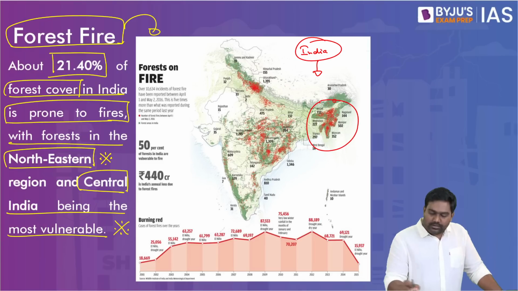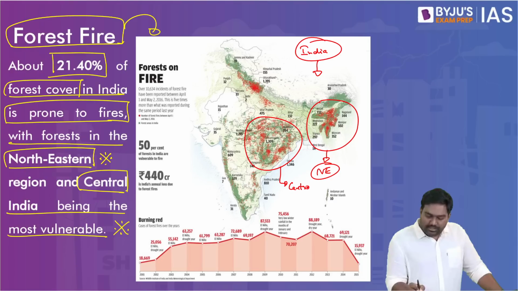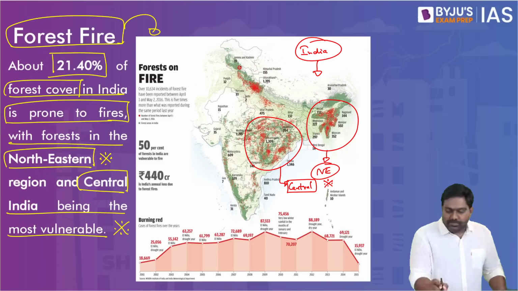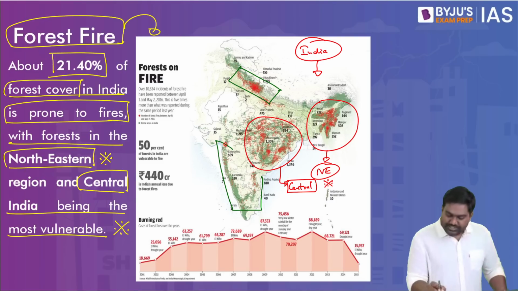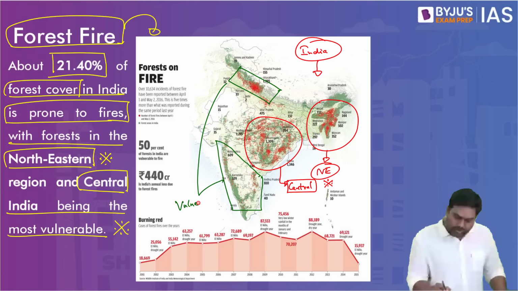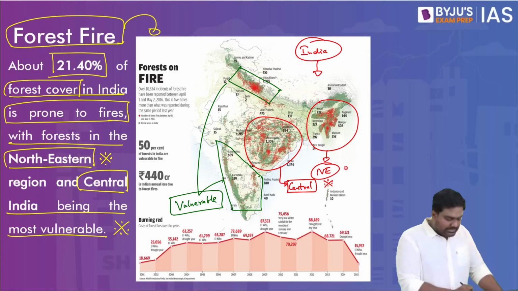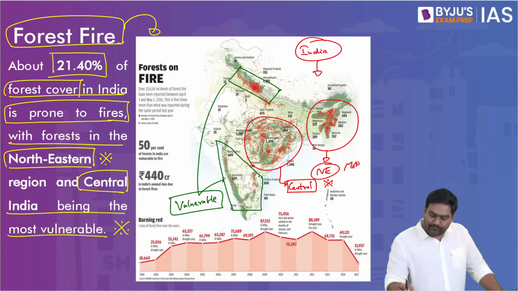All right. The Northeast region and Central India, they are the most vulnerable. Then even the Himalayan belt and the Western and Eastern Ghats are also vulnerable. They also report a lot of forest fires. But Northeast India and Central India are the most vulnerable.